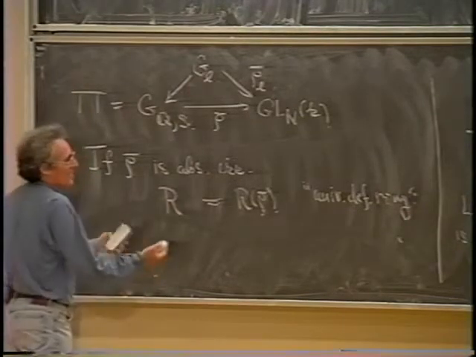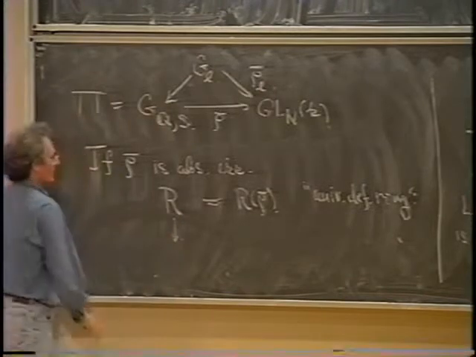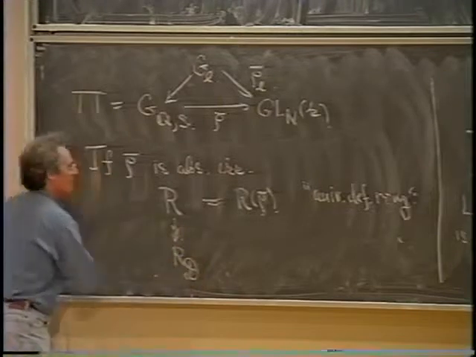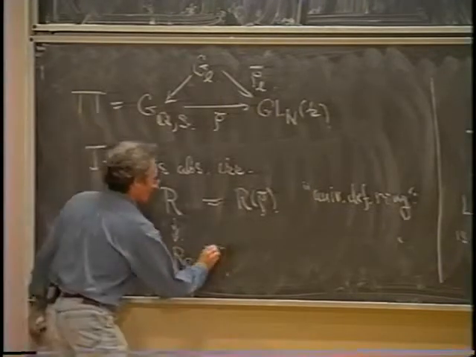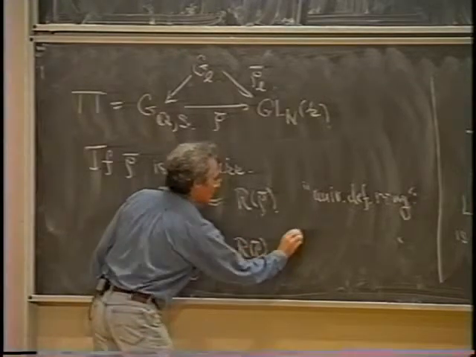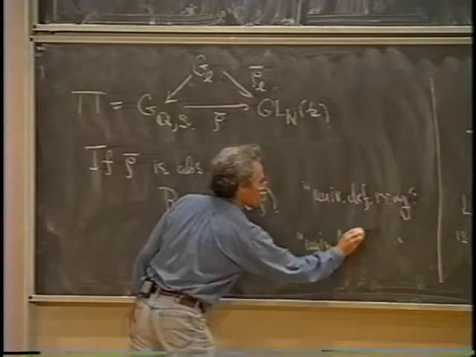But also, so is script D, and so it too has a universal ring attached, which is a quotient of R. We'll call it R sub D, maybe R of rho bar sub D also, which is universal for D deformations.